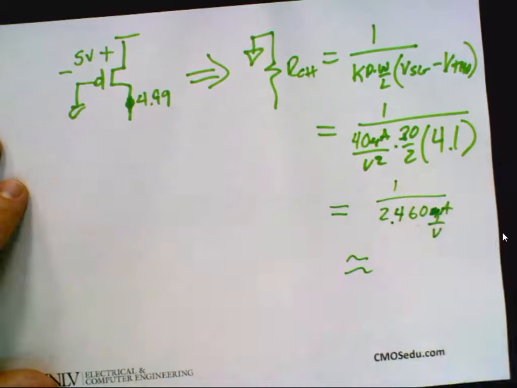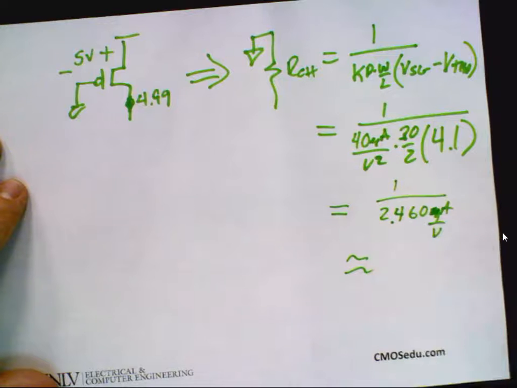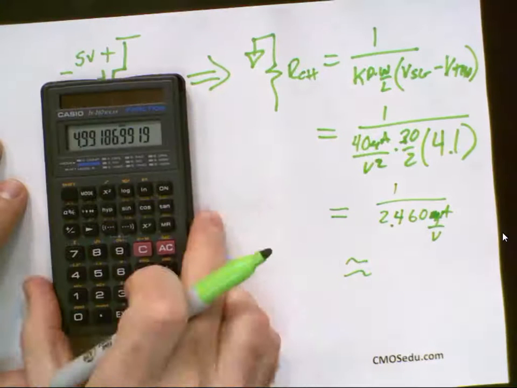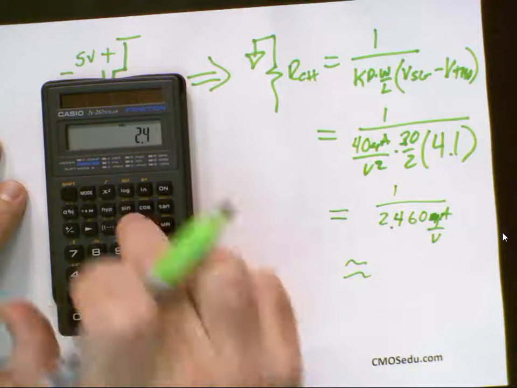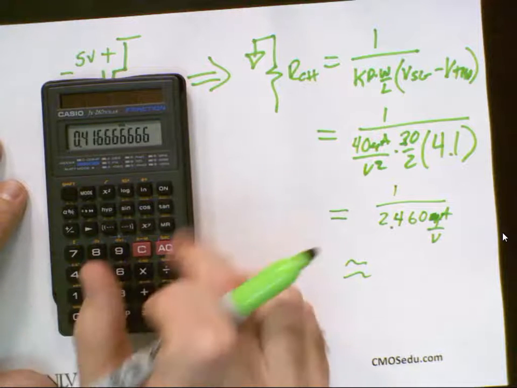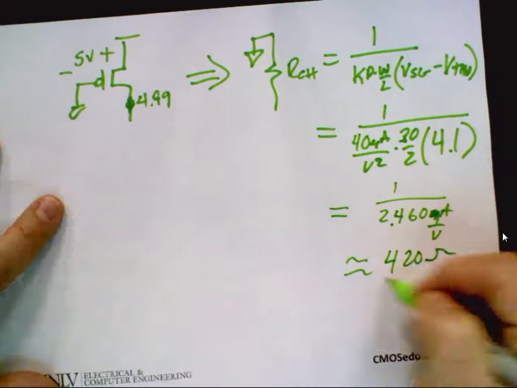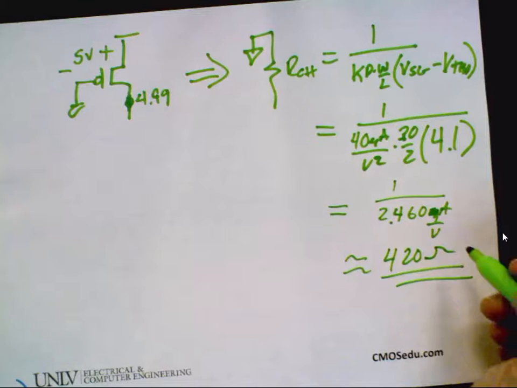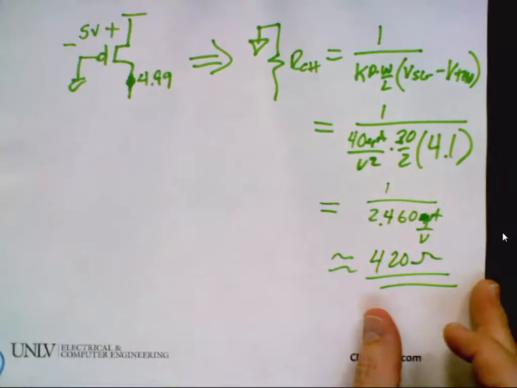And let me see, that's about 500 ohms. 400. Oh, 400, thank you. 420. What's the book have? 407. Close enough for me not doing any math. All right, any questions?